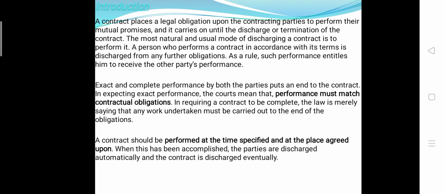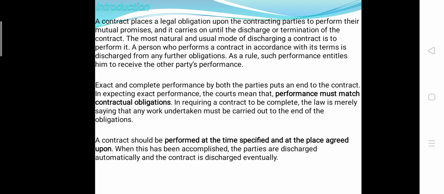A contract places a legal obligation upon the contracting parties to perform their mutual promises, and it carries on until the discharge or termination of the contract. The most natural and usual mode of discharging a contract is to perform it.